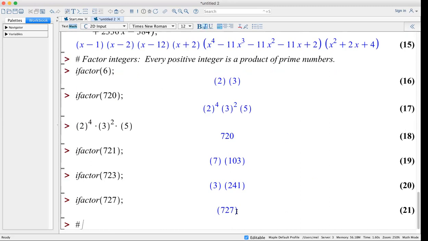Suppose you want to solve the following problem. Factor all integers from 1 to 100.